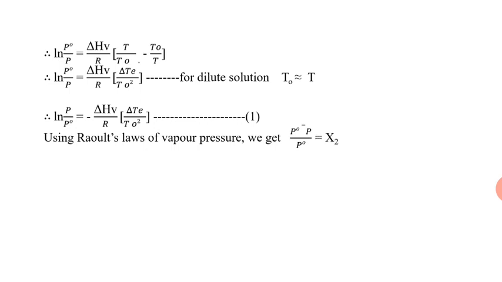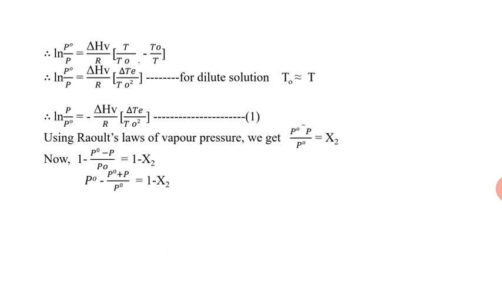Now using Raoult's law of vapor pressure, we get P0 minus P upon P0 is equal to x2. Now we subtract the left hand side and right hand side of the equation from 1. Then we get 1 minus (P0 minus P upon P0) is equal to 1 minus x2. Solving this, we get (P0 minus P0 plus P) upon P0 is equal to 1 minus x2.